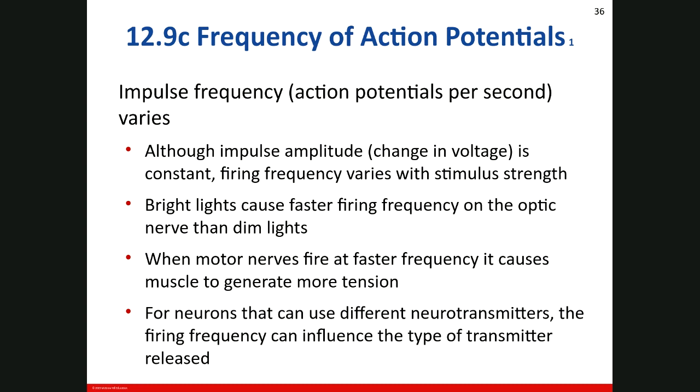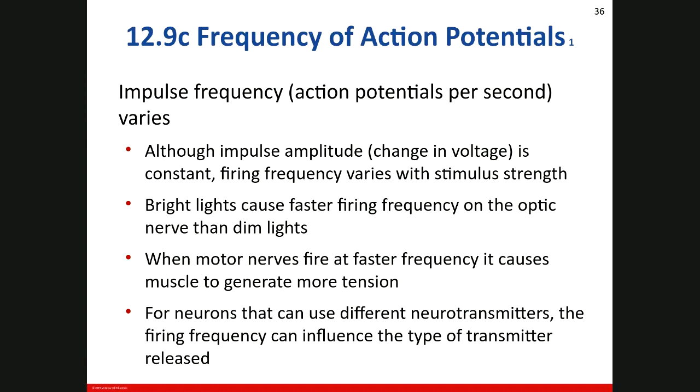Frequency of action potential. The action potentials are always propagated along the axon at the same amplitude. However, the action potential frequency can vary and is dependent upon the stimulation strength. When the stimulation strength increases, the frequency of action potential increases too. Consider the following.